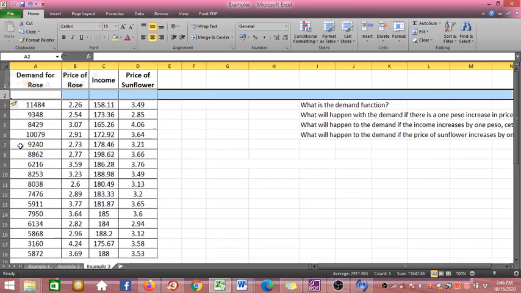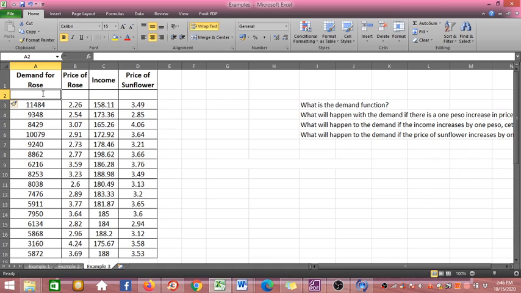So, syempre, yung demand natin would still be the dependent variable, and now we have three independent variables: the price of rose, which can be represented by x1, income, x2, and price of sunflower, x3. Just recall the microeconomic theories regarding the effects of these different variables or factors to our demand.